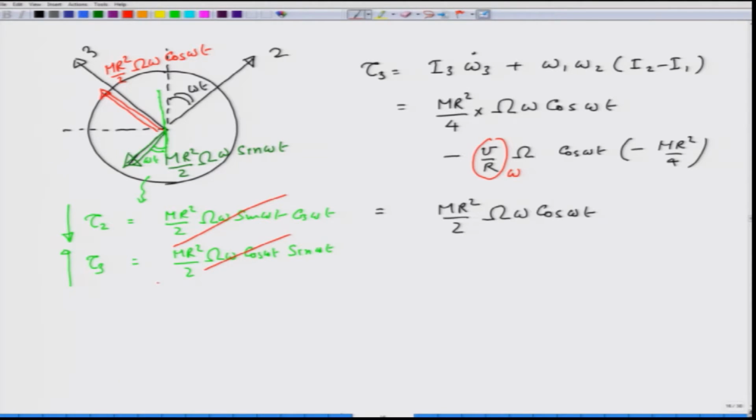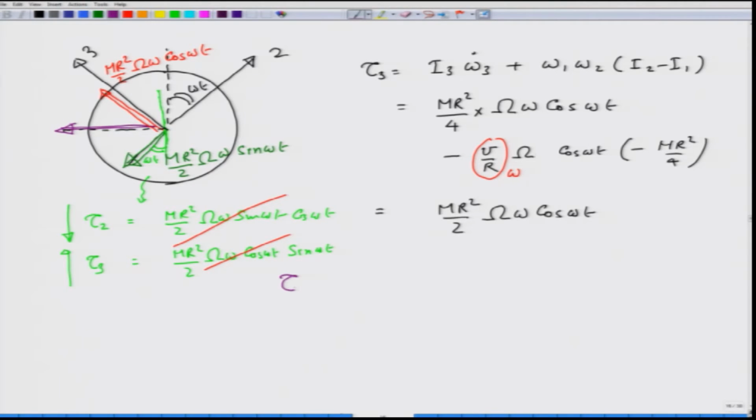What you are left with is the horizontal torque, which I will show by this purple color. The net of these two is going to be in this direction, the original 3 direction, and its magnitude is going to be mr square.